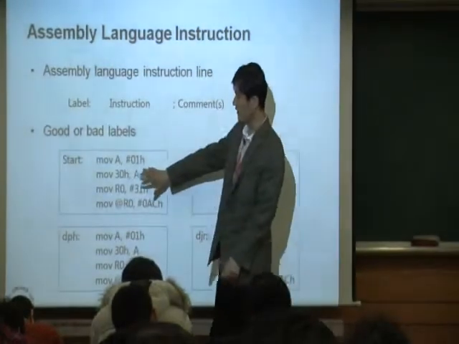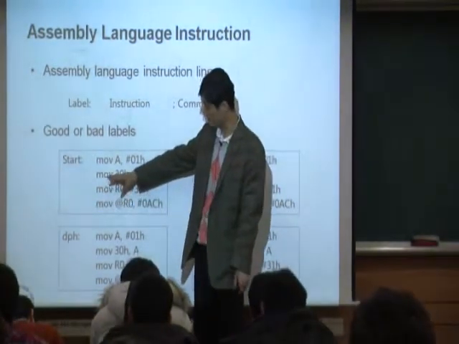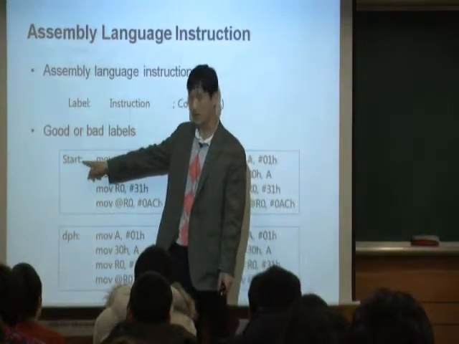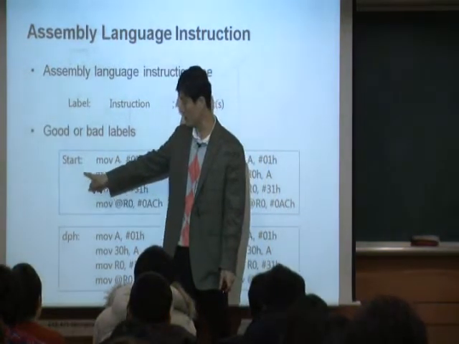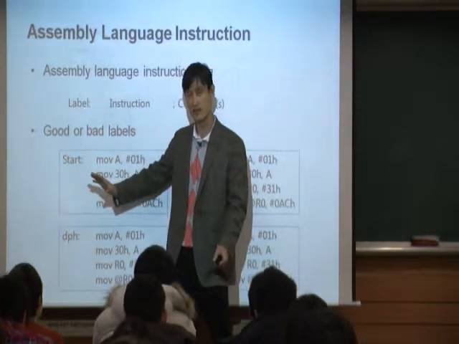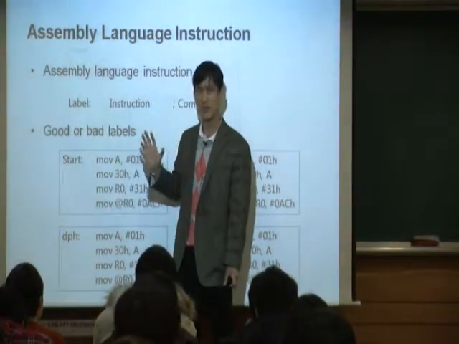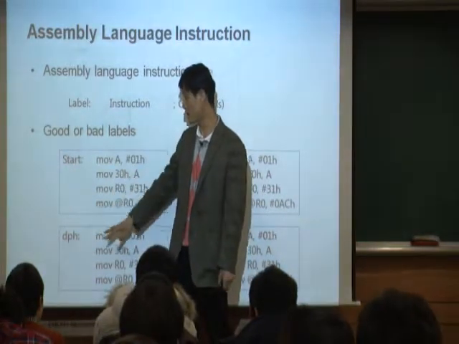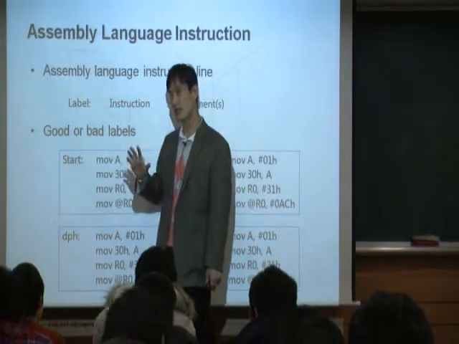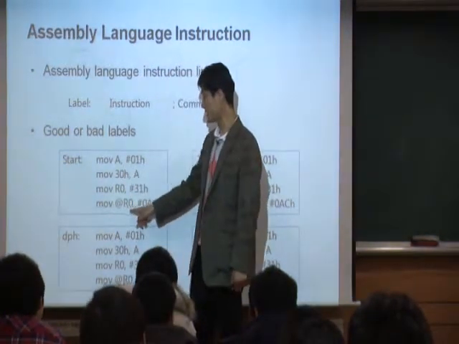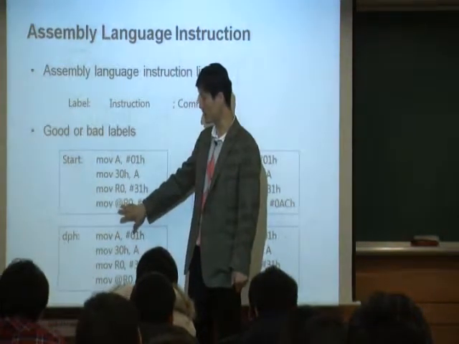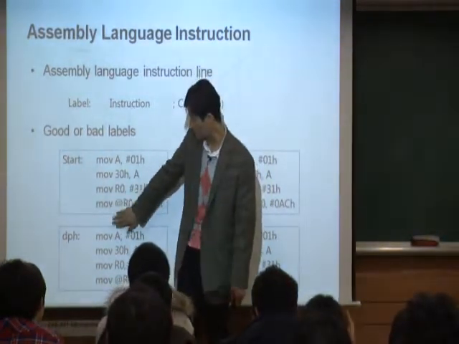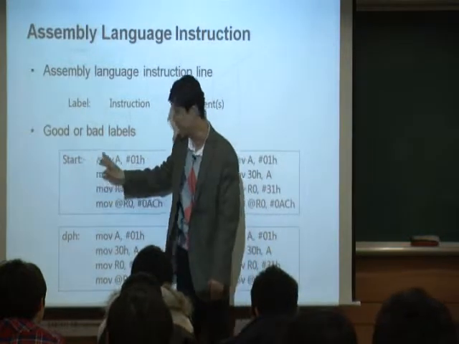And actually, right here, you see that only the first instruction has a label. The second, third, fourth ones have no label, right? That's okay. A label is not a must. You don't have to have a label. But sometimes you need a label because, in assembly language, there is an instruction called jump. Let's say you want to jump back to here.